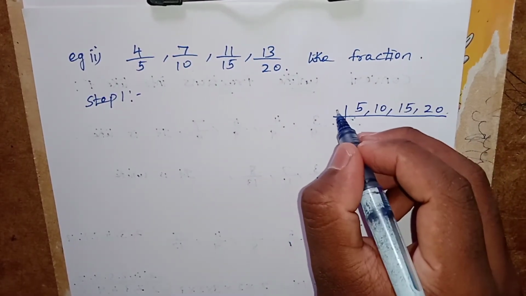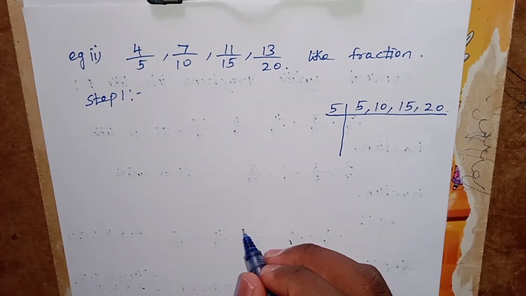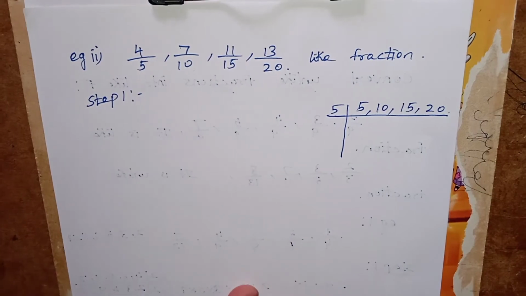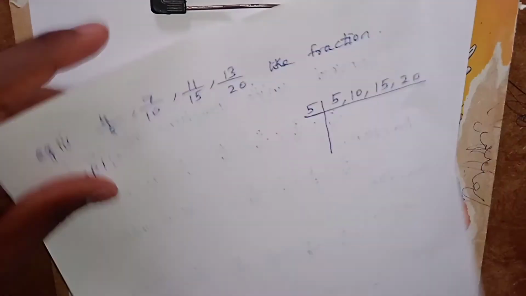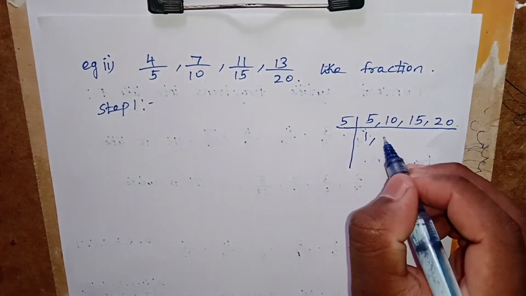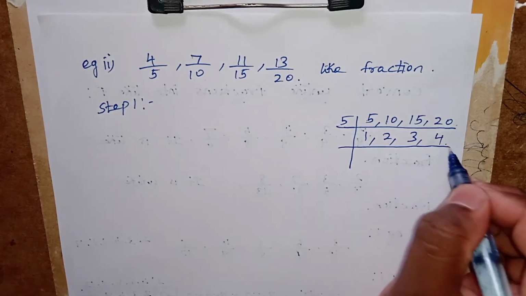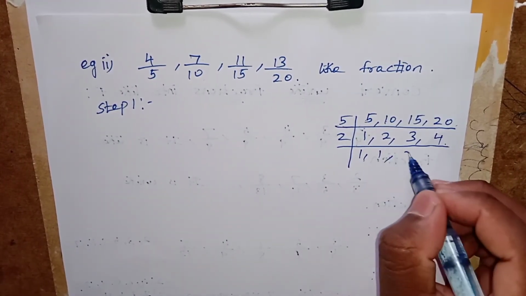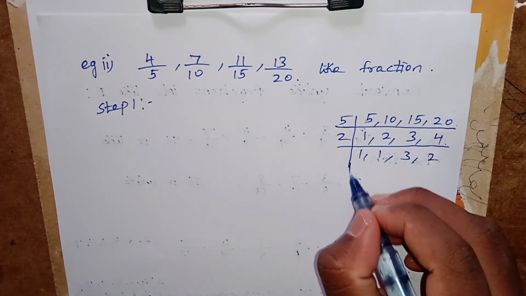Therefore here it is a multiple of 5. Therefore here I am taking prime number 5. Therefore 5 1s are 5, 5 2s are 10, 5 3s are 15, 5 4s are 20. Again 2, 1, 1. Here it is an odd number. 2 2s are 4.